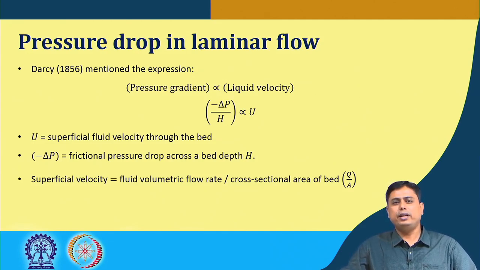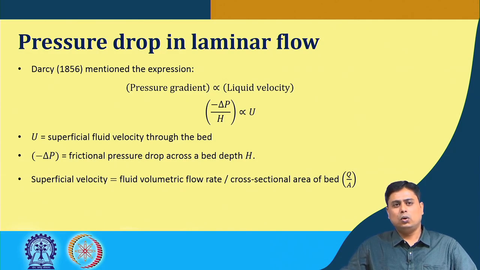He observed that the pressure gradient is proportional to the velocity of the fluid, which means the pressure gradient here, del P by H, is proportional to the liquid velocity, where u we define as the superficial velocity through the bed. So why the negative sign? You already know that the flow is happening from the high pressure region to the low pressure region.